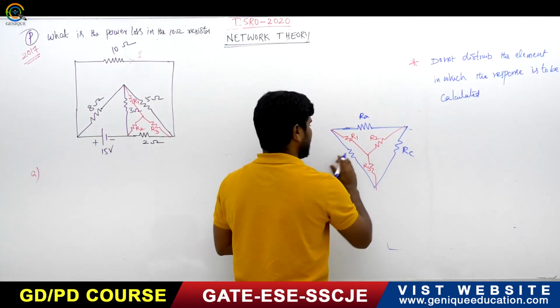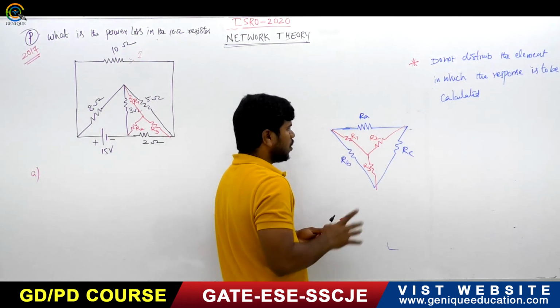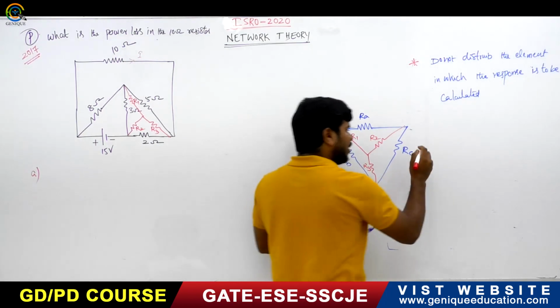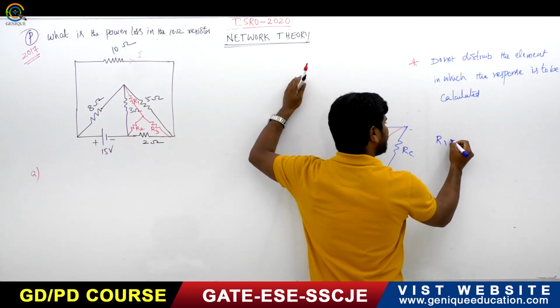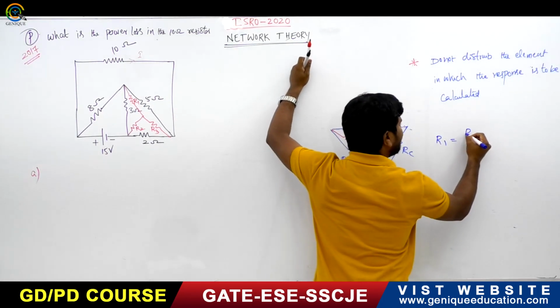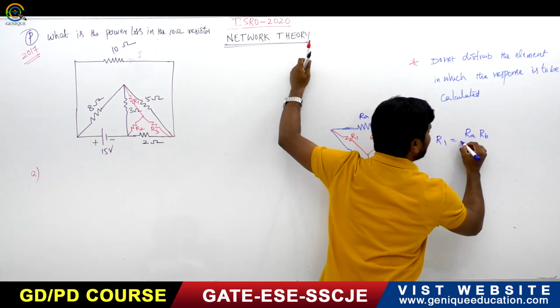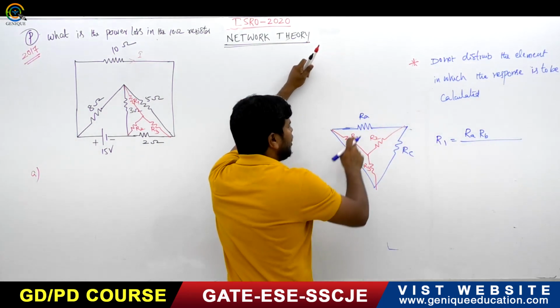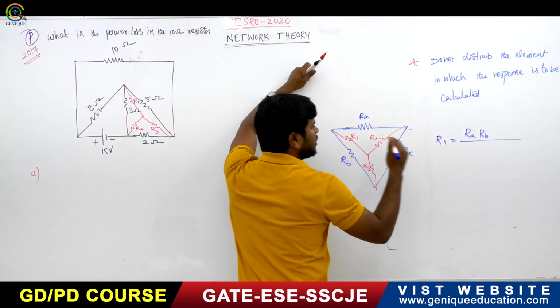To find R1, you know very well, R1 is equal to the multiplication of these two, RA RB, divided by RA plus RB plus RC.